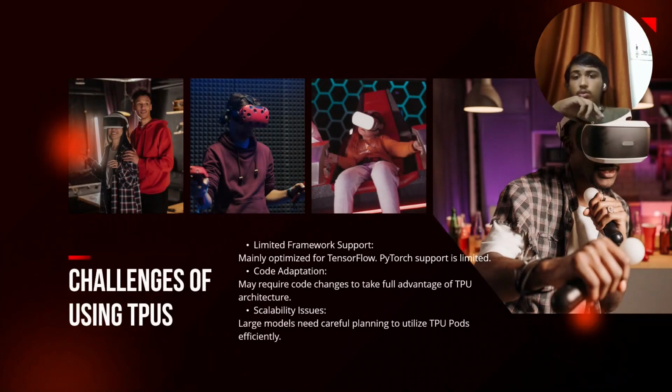Challenges of using TPU. Limited framework support: mainly optimized for TensorFlow. PyTorch support is limited and not optimized. Code adaptation: they require code changes to take full advantage of the TPU architecture, so the code used on TPU is different from normal code.